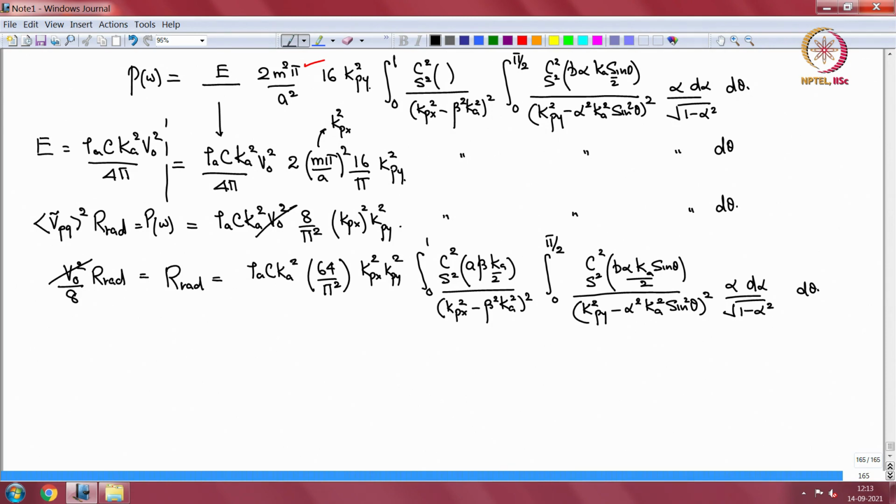Now beta square is equal to 1 minus alpha square, or beta is equal to square root of 1 minus alpha square, or d beta is equal to 1 over 2 square root of 1 minus alpha square into minus twice alpha d alpha.